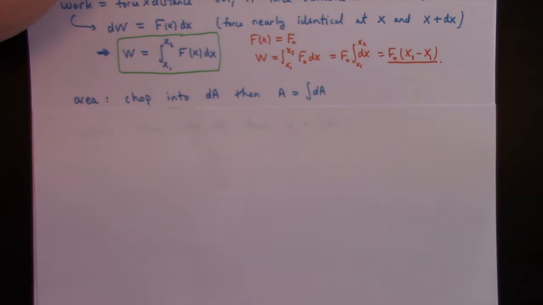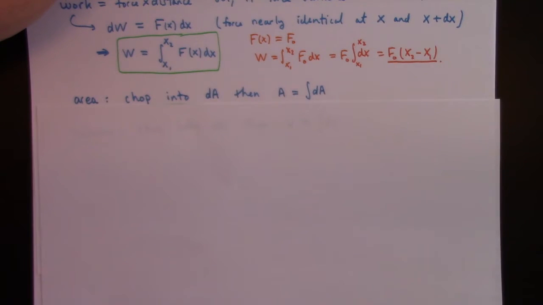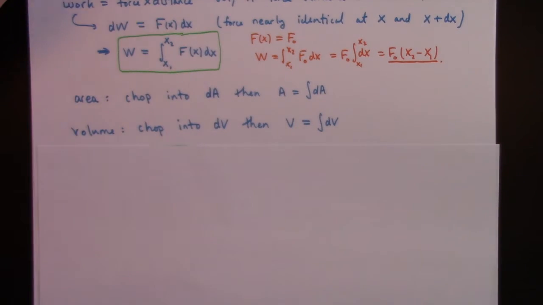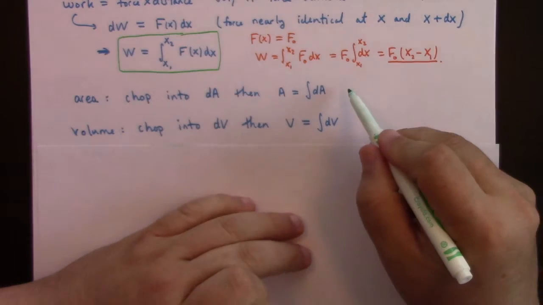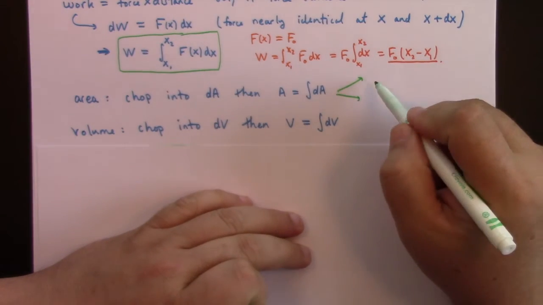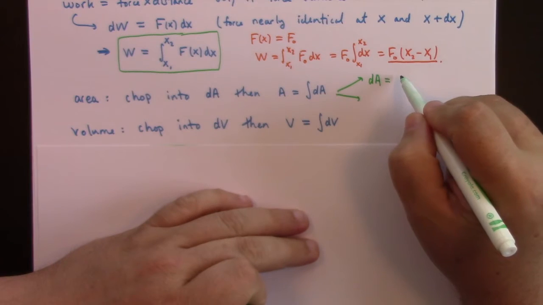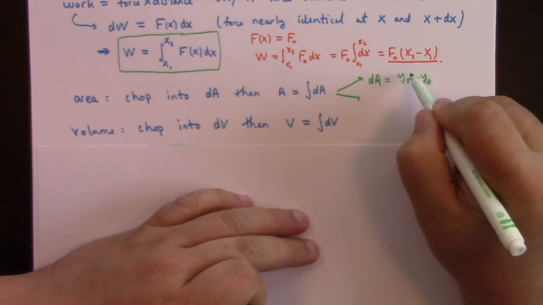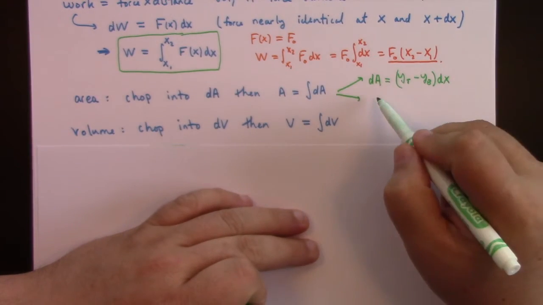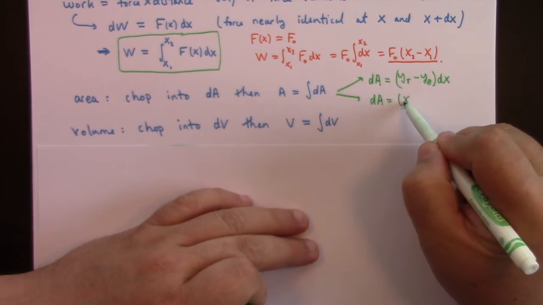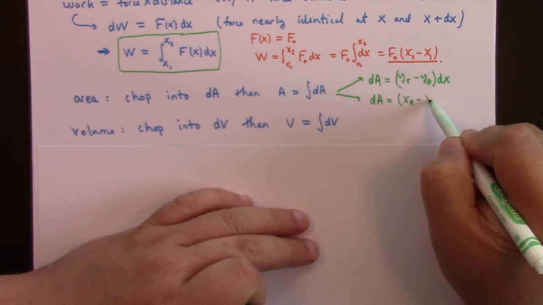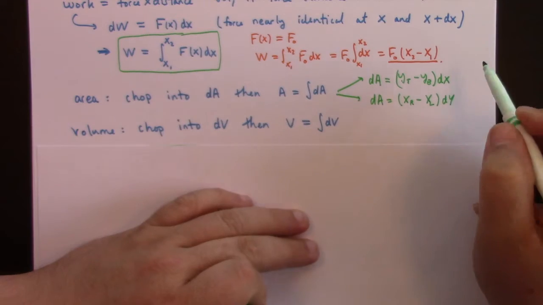And then you add them up using the integral. So just to recap, you either have dA equal to y top minus y bottom times dx, or you have dA is the right x minus the left x times dy, right?